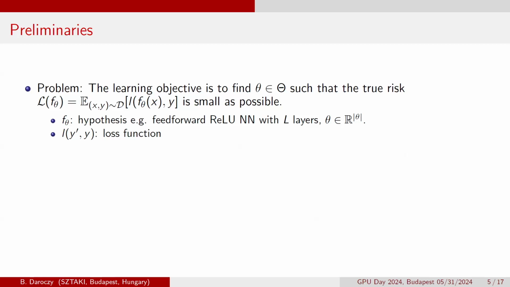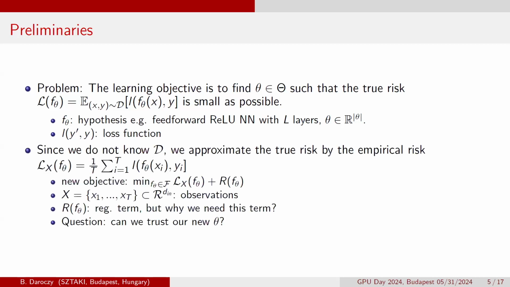So let's try to identify what the problem is with learning in the case of generalization. When we are learning, the main goal is to make the expected true loss as small as possible, so to find a hypothesis which makes it minimal.